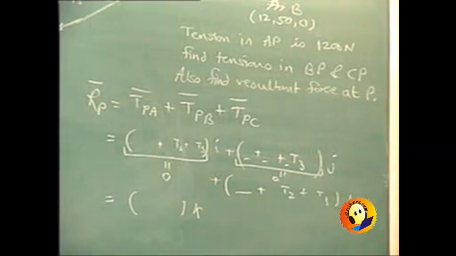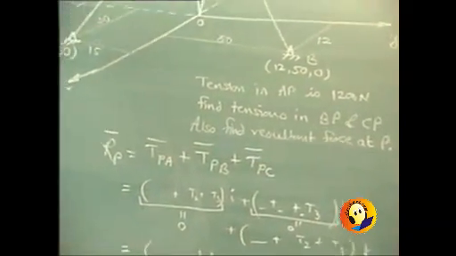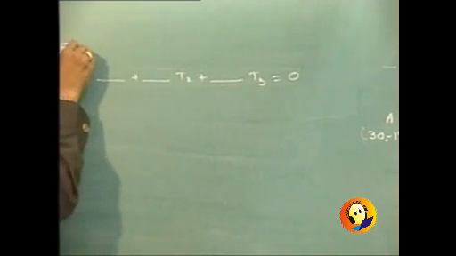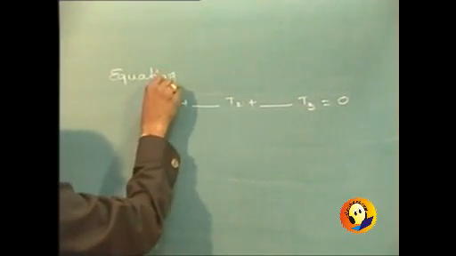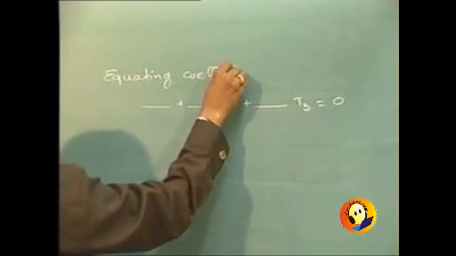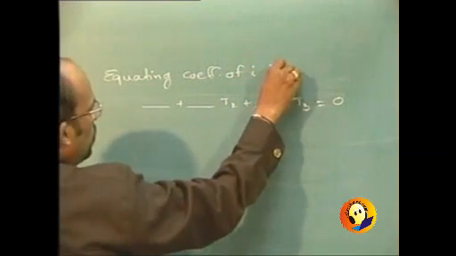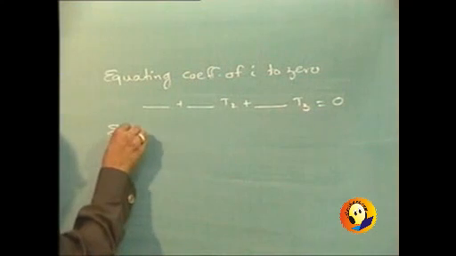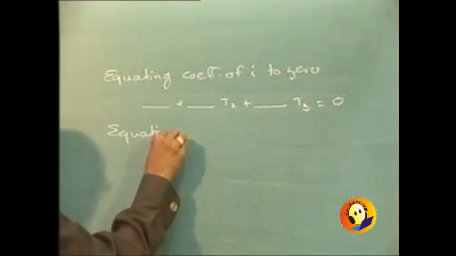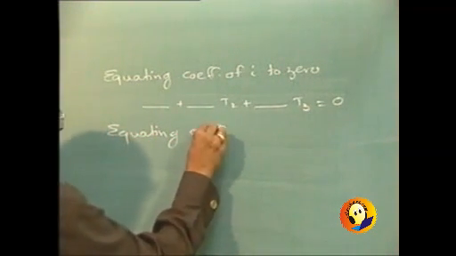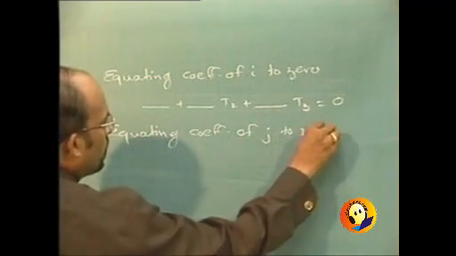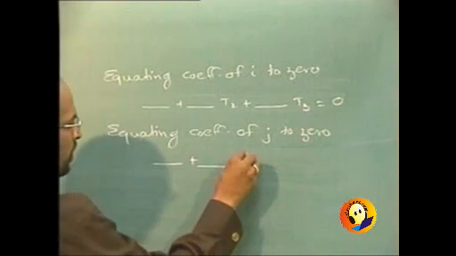And ultimately you will get some equation from I, that is equating coefficient of I to 0, we get one equation, and similarly equating coefficient of J to 0, you will get some equation like this.